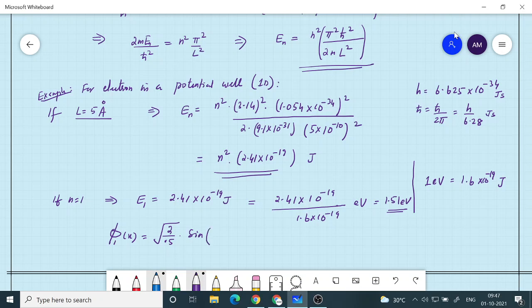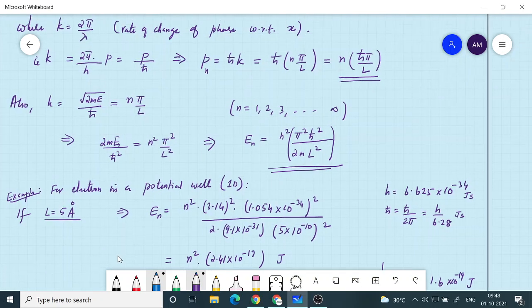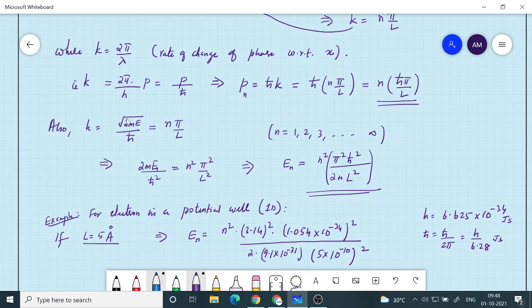So if this is the energy, then I can find out the corresponding K. So K was what? We have defined it as square root of 2mE by h bar squared.